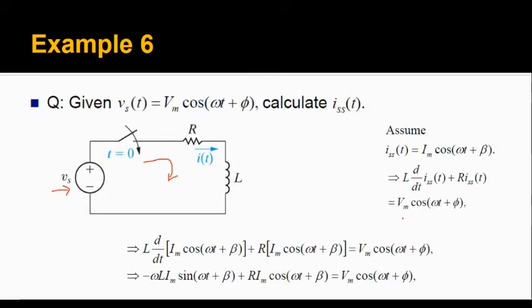If you apply your knowledge from chapter 3, you should be able to get the VL and this is your VR. This is from KVL. Applying this, you should be able to get this one.